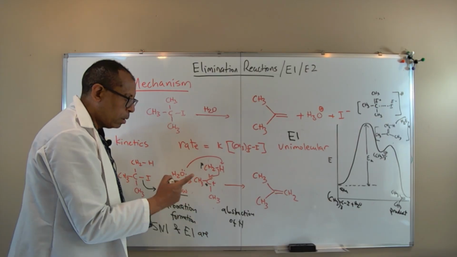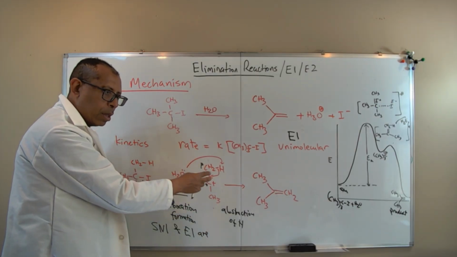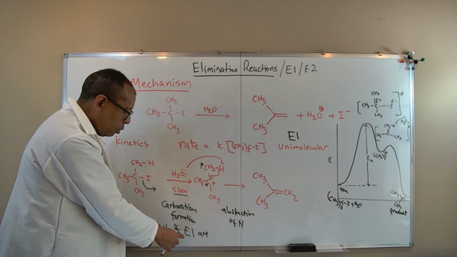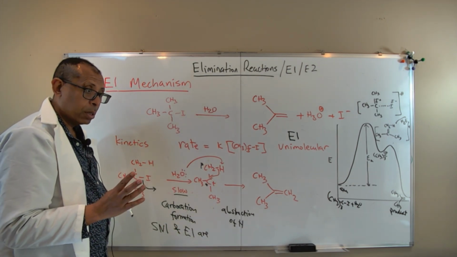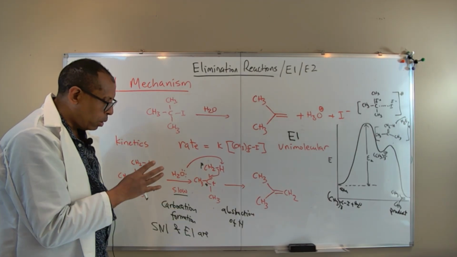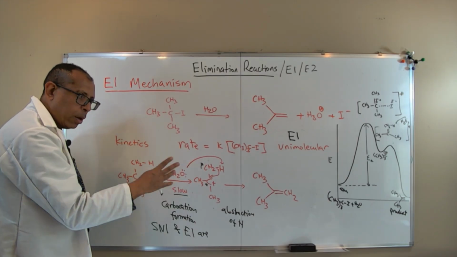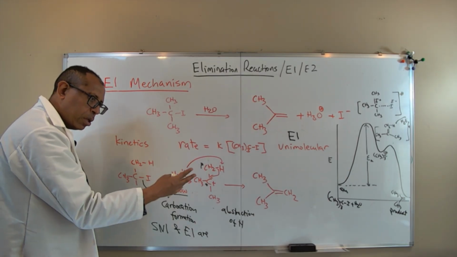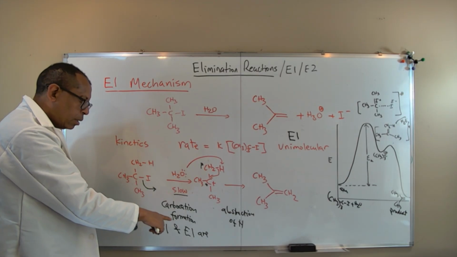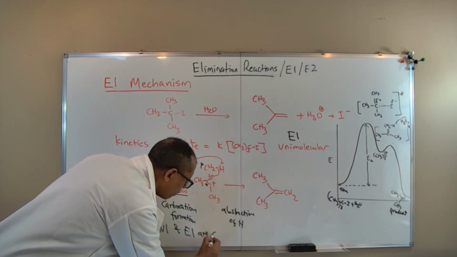It is possible that you would get an SN1 product, which is a substitution product, and you should also get an E1 product. Depending upon the conditions, you can favor one over the other, whether the alkene formation or the substitution product. So SN1 and E1 are competitive.